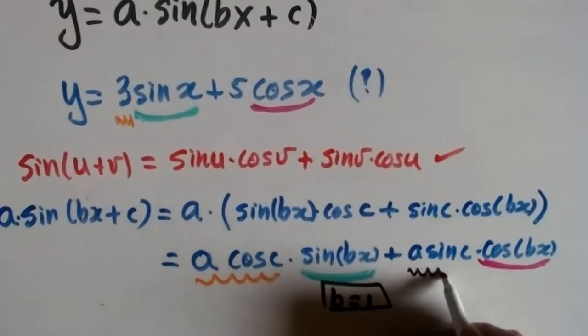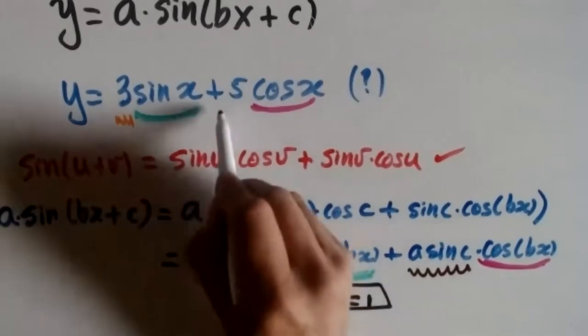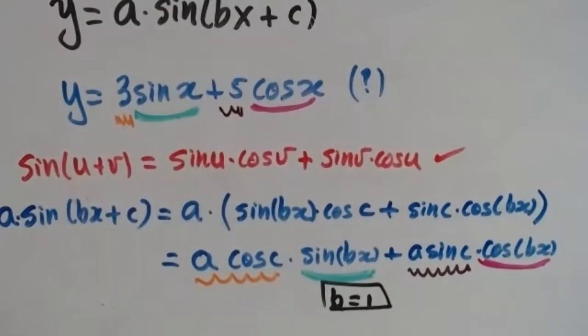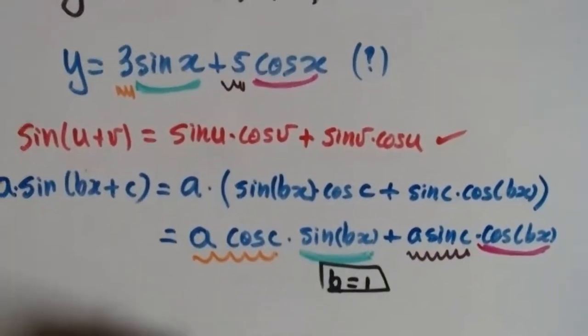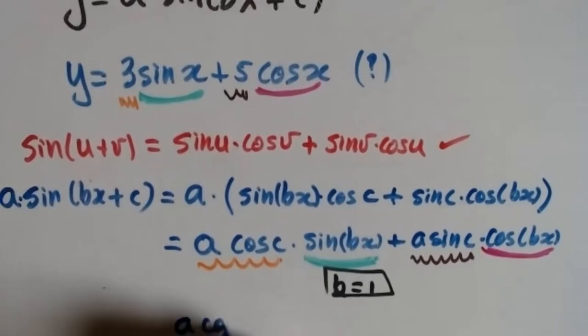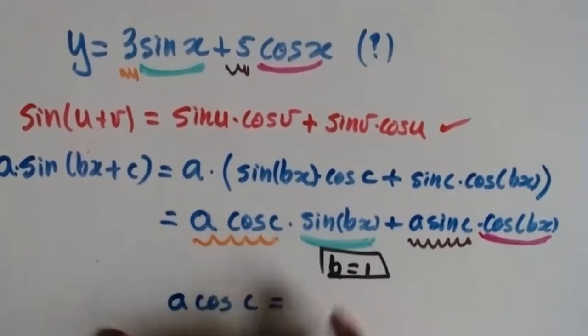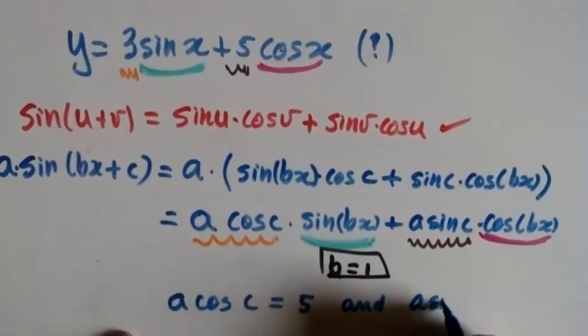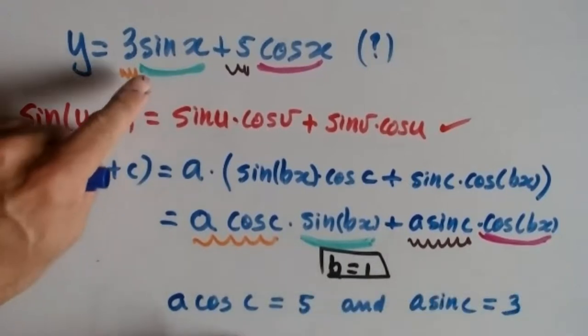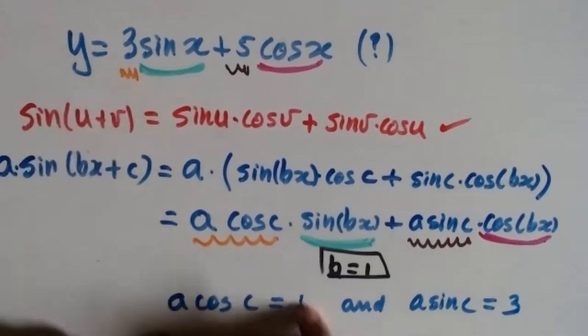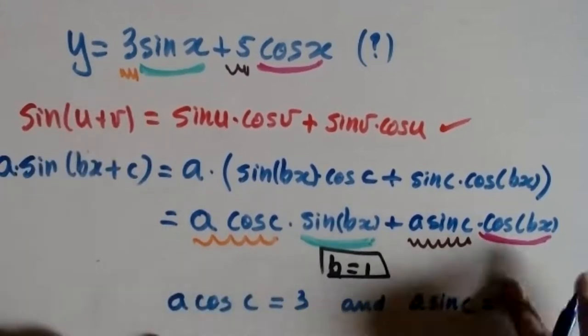So this one is going to match this 5, you see? So what I'm going to do here is write a cosine c equals 3, and a sine c equals 5.